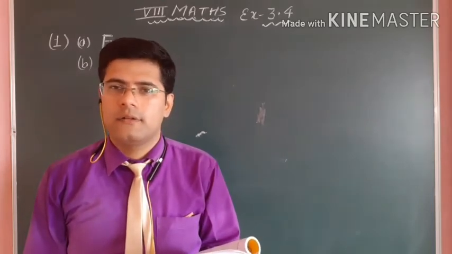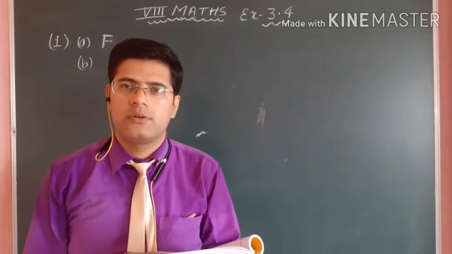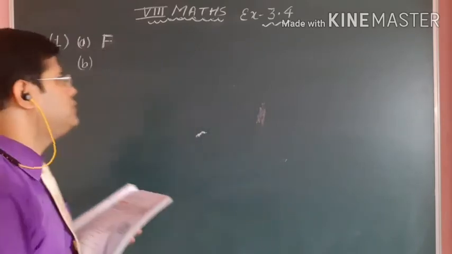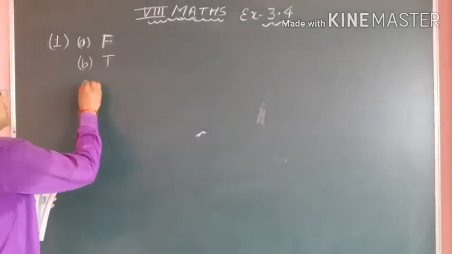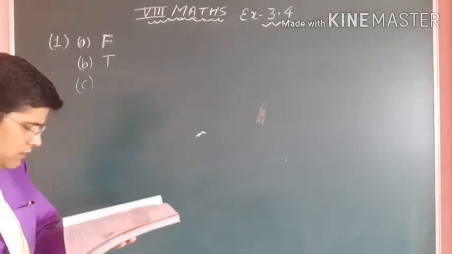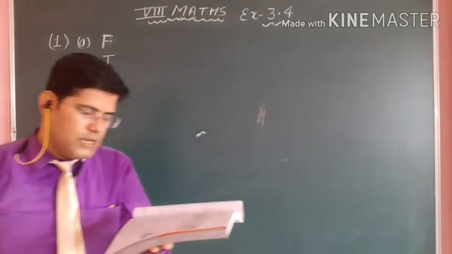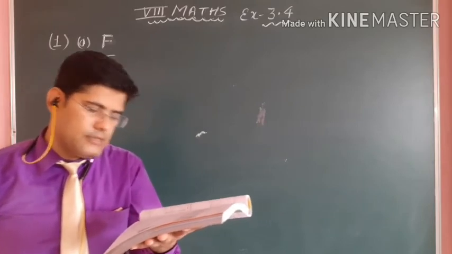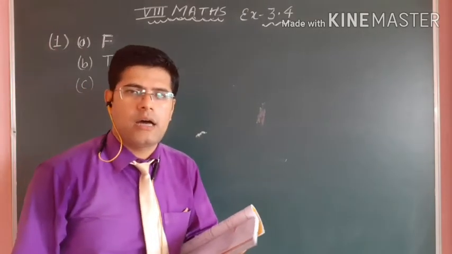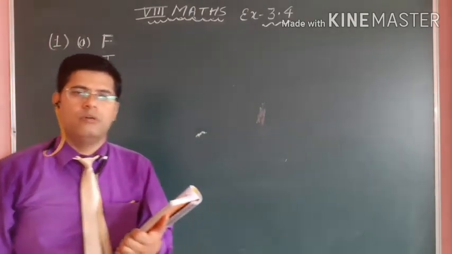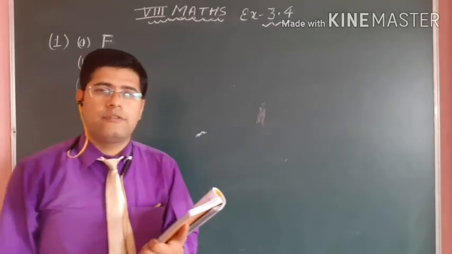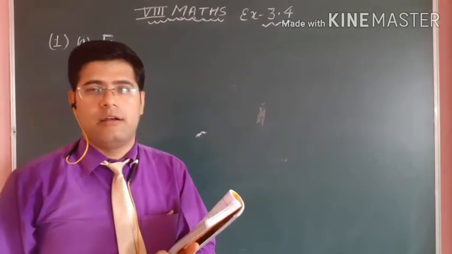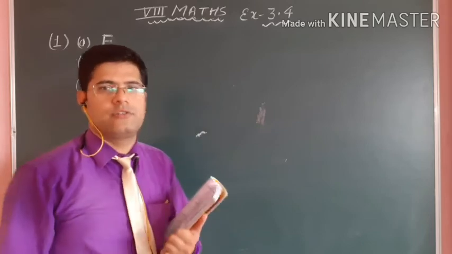I have taught you by the property, so it will be true. Now the C part. All squares are rhombuses and also rectangles. Yeah, all squares are rectangles, all squares are rhombuses. Why? Because a square is like the king of quadrilaterals, and the king has everything, so it's also true.